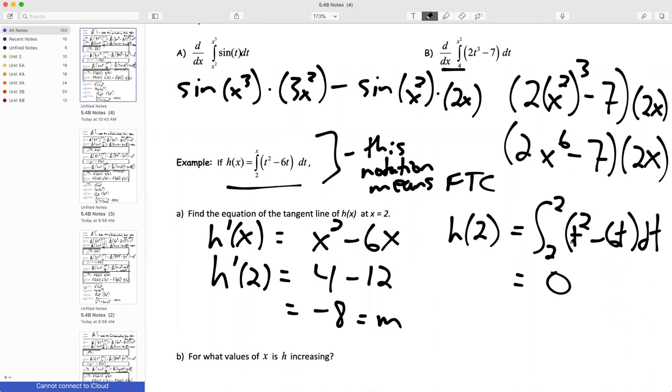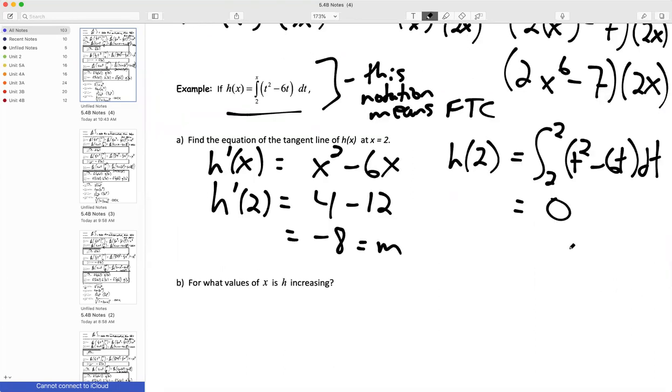Okay, I'm with you. So now I've got my point. I know that x is 2 and y is 0. I know that my slope is negative 8, and I can write the equation of the line. y equals mx plus b.